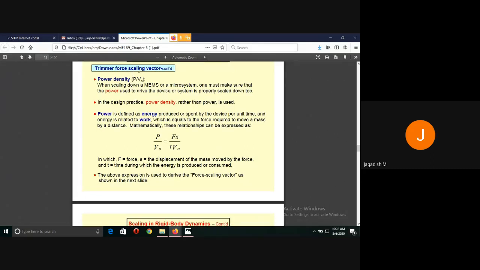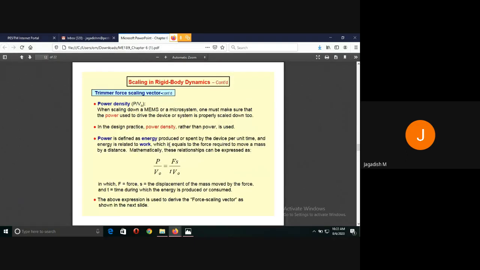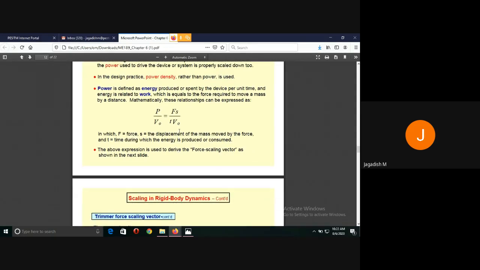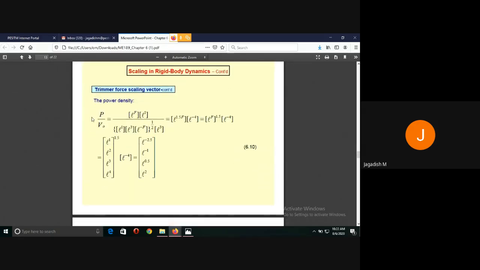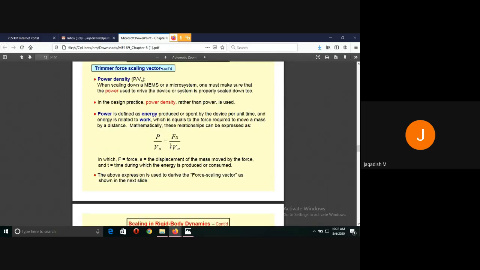Now using those equations, we'll try to derive the Trimmer force scaling vector. For example, if power density is represented by P by V naught, then it will be equal to force into displacement divided by T into initial velocity. Carefully observe: power density P by V naught is equal to force into displacement by T into initial velocity, that is V naught. Therefore P by V naught is equal to, what is force? It is L to the power F, and what is displacement?